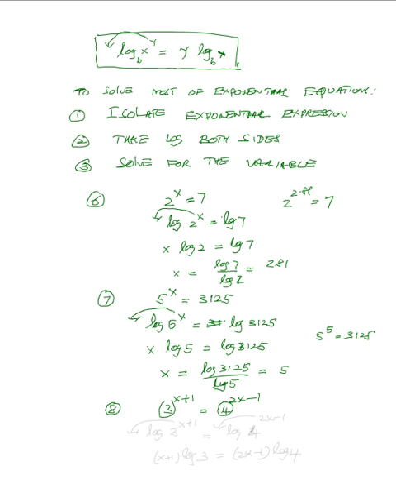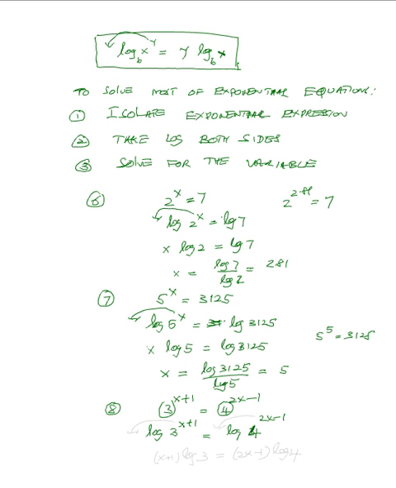However, we have isolated the exponential expressions. So if we take log both sides, we will have log of 3 to the power x plus 1 equals log of 4 to the power 2x minus 1.